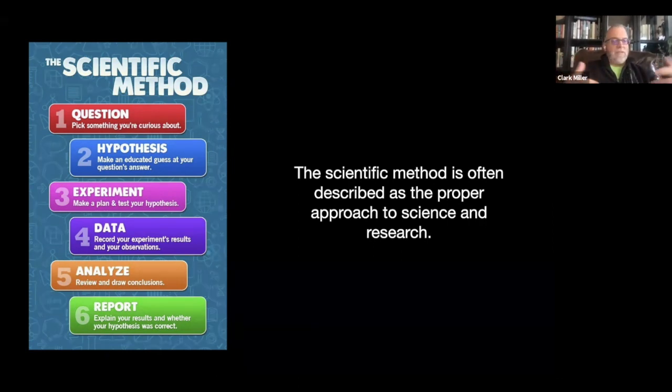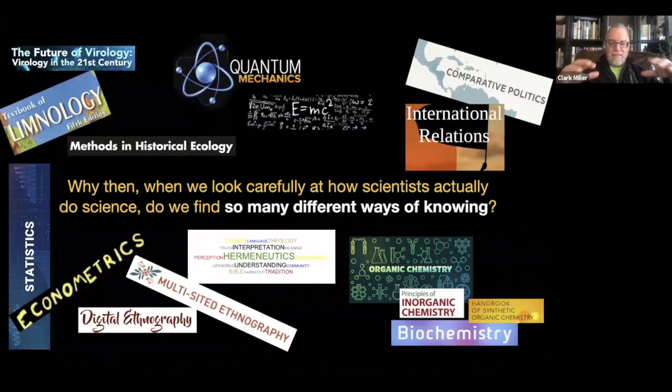And in popular discourse about science, we often hear this model of the scientific method being described frequently as well. But when we start to look in detail at how scientists actually do science, what we find is a huge proliferation of different ways of knowing, not only in the sciences themselves, but in the social sciences, in the humanities, in engineering.